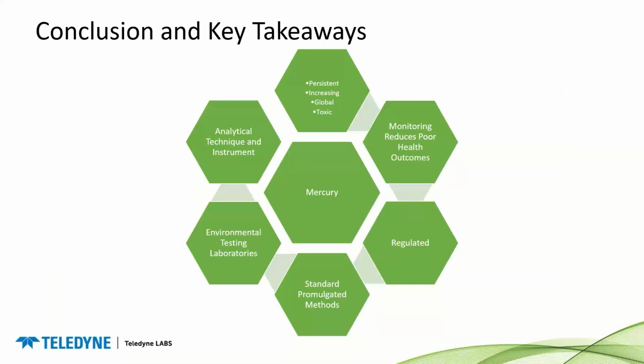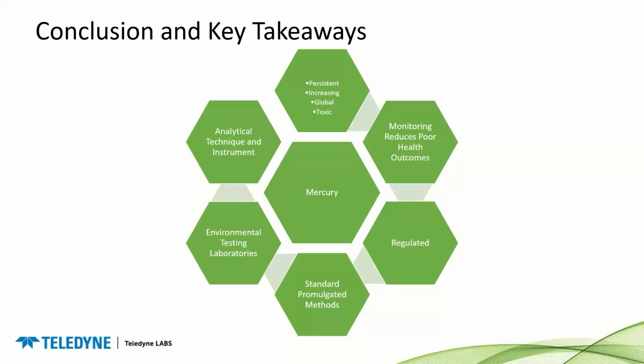So again, mercury is persistent, it's increasing, it's global, and it's toxic. And that's what makes it such a health concern and a common analyte in environmental testing. Monitoring the sources and the types of mercury is essential for reducing poor health outcomes for the public and the environment.